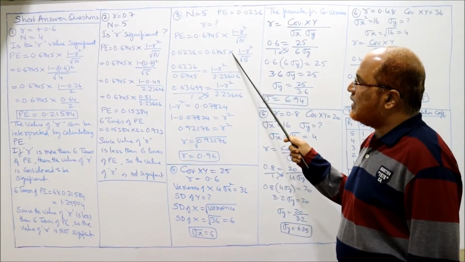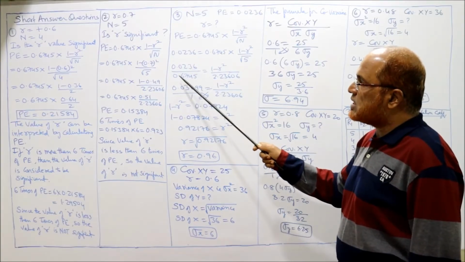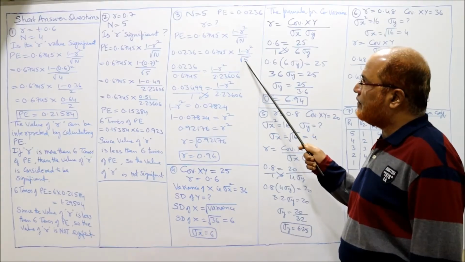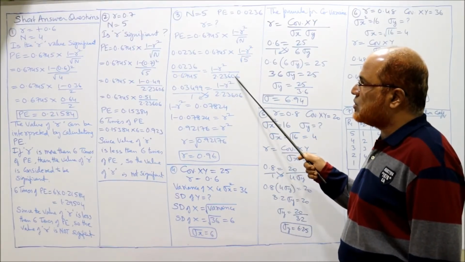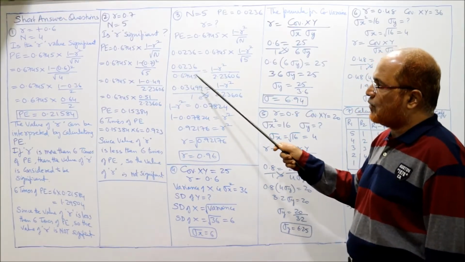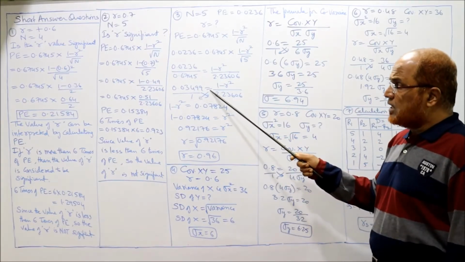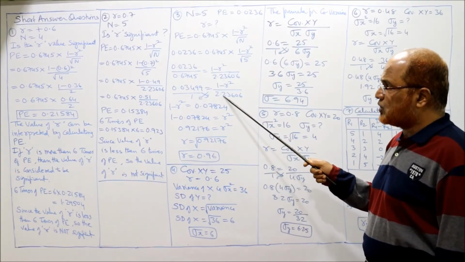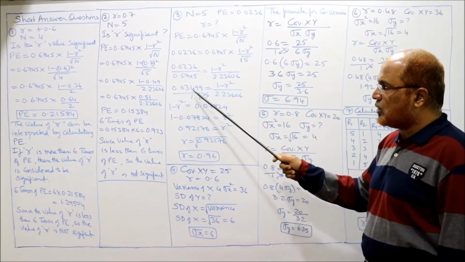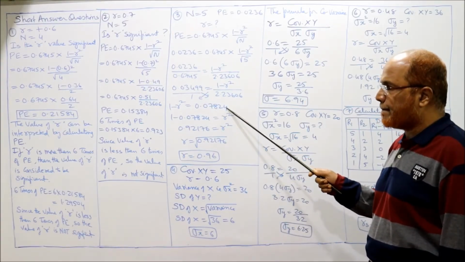So 0.0236 divided by 0.6745 is equal to 1 minus R square by root 5. Root 5 is 2.23606. Dividing 0.0236 by 0.6745, you'll get 0.03499, which is equal to 1 minus R square by 2.23606. Now cross multiplication: 1 minus R square is equal to 0.07824.